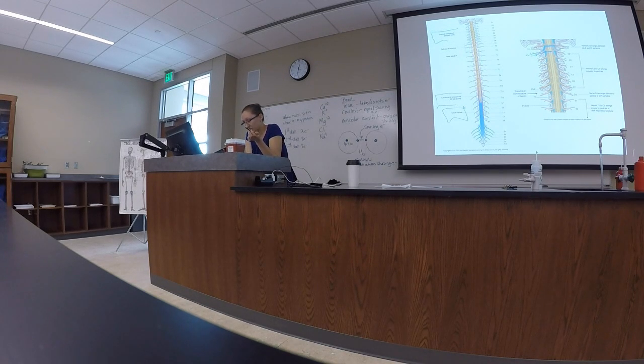Some things to point out as far as anatomical interest. We have 8 cervical nerves here, 1 through 8. C1 through C7 come out above the respective vertebra.